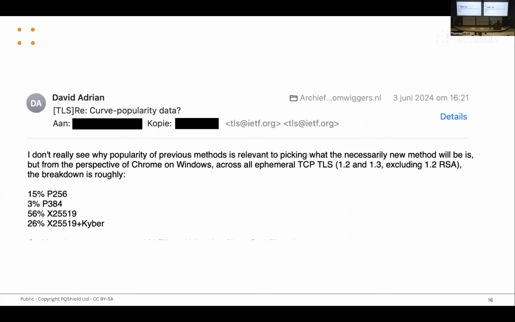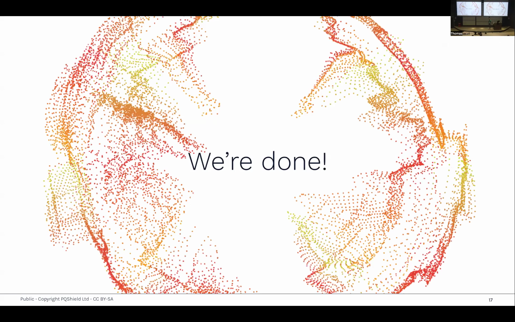In fact, we're already up to 26% of all TLS connections that Chrome desktop is using, at least for the average user. Google reports that this is using hybrid key exchange with Kyber 768. So we're done. We know what to do for the certificates. What else is there, right?